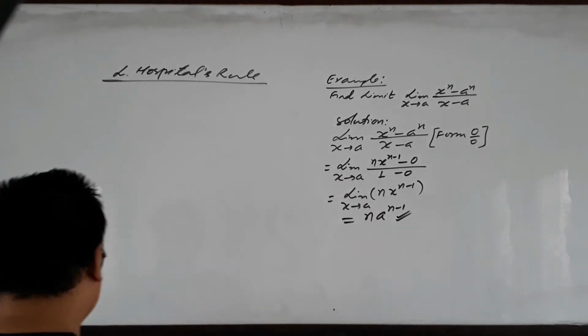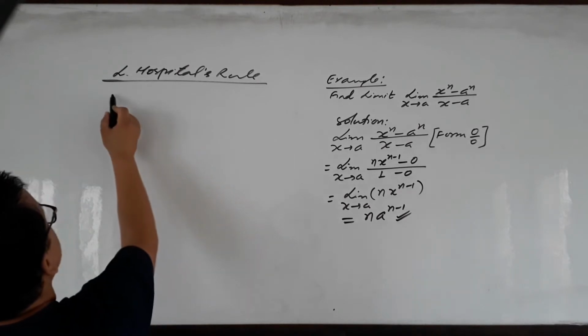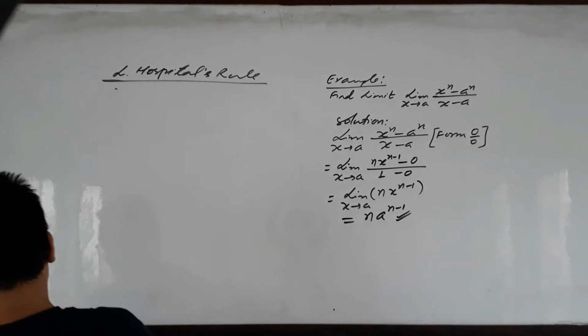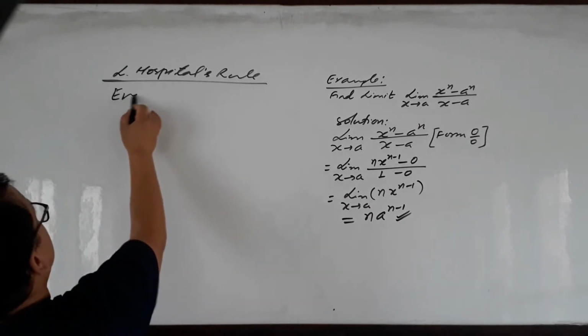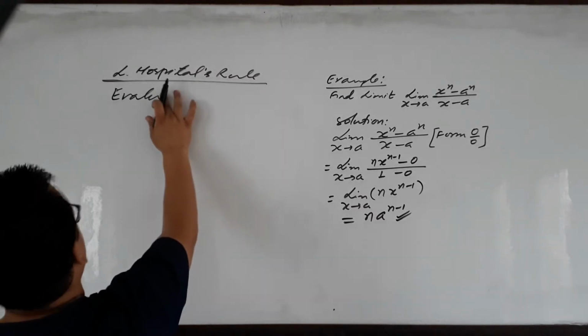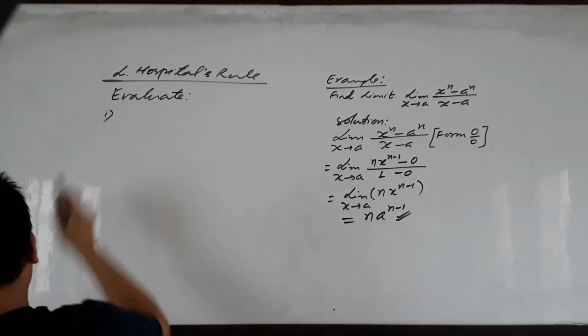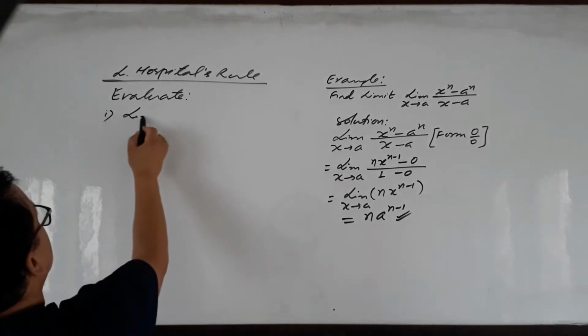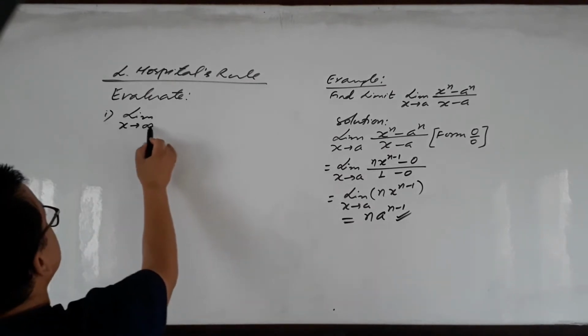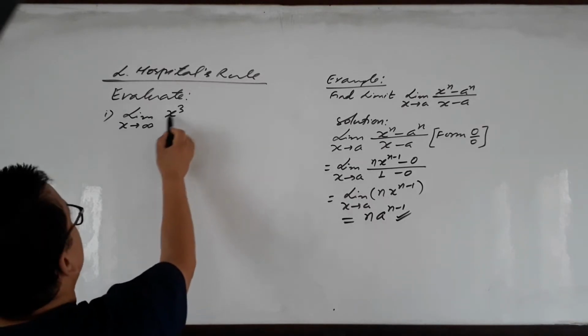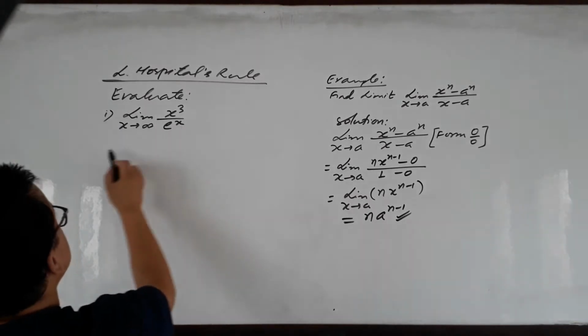Let's see the question. I'm taking more questions. Evaluate. Let me write down the questions. Number 1: limit as x tends to infinity of x cubed over e to the x.